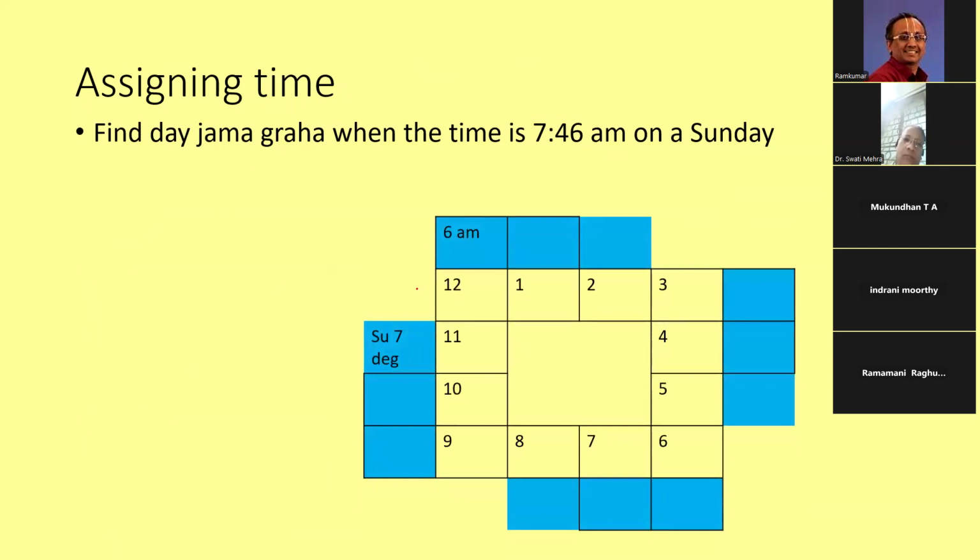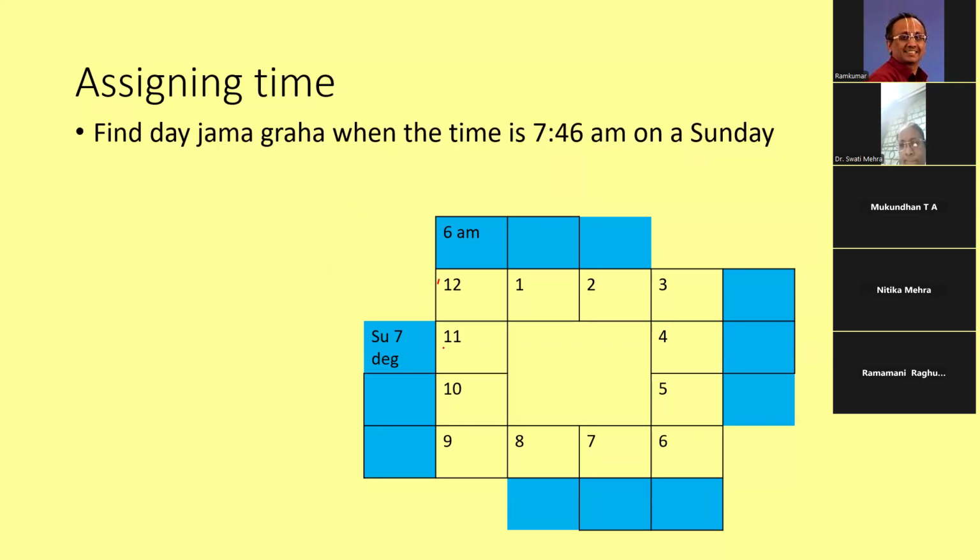Are you getting it? So this is for you to learn how to apply it. Could you just repeat that? Can you explain? Yeah. You got the 7:46 a.m. So what happens? 6 a.m. to 7 a.m. is Meena, right?